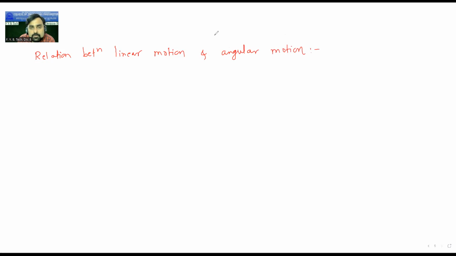Okay. So let us consider this motion. I will draw one path. This is a circular motion. And this is the center. Now suppose a particle is moving. This is a particle which is now at point A.